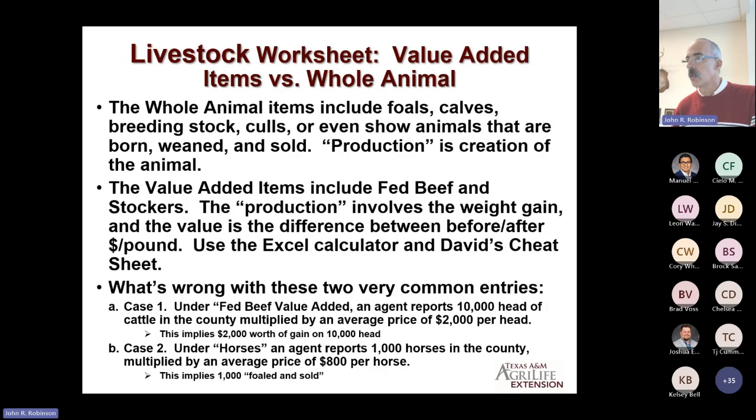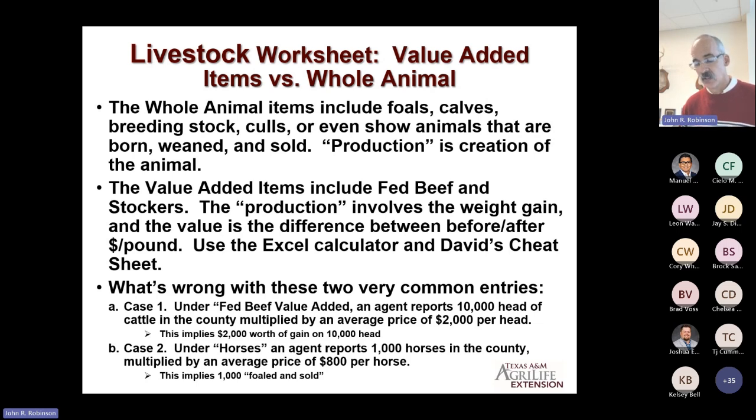All right. So what I was talking about with the value added, the value of weight gain is one thing. The more straightforward aspect of animal production is just new animals that are born and sold.